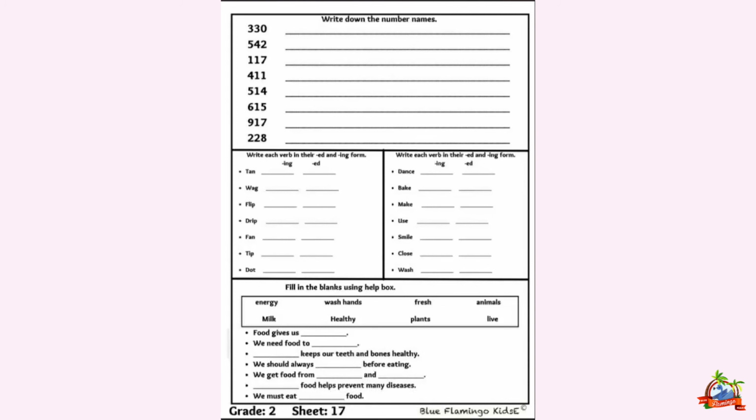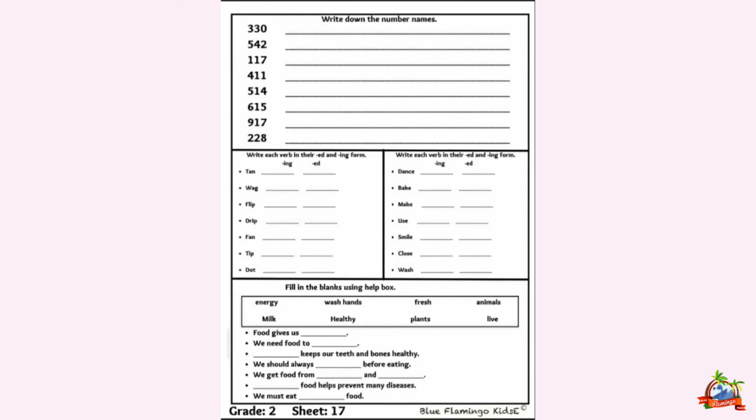Milk keeps our teeth and bones healthy. मिल्क से हमारे टीथ मतलब दांत और बोन्स मीन्स हड्डियां, ये होती हैं हेल्दी, स्ट्रॉन्ग. So we should drink a glass of milk daily. हमें रोज एक ग्लास दूध पीना चाहिए so that our teeth and bones can be healthy.